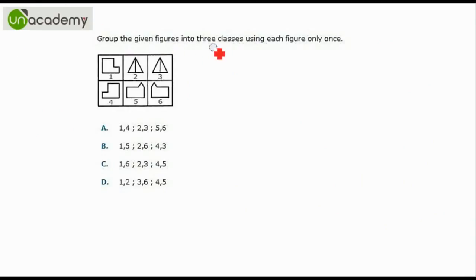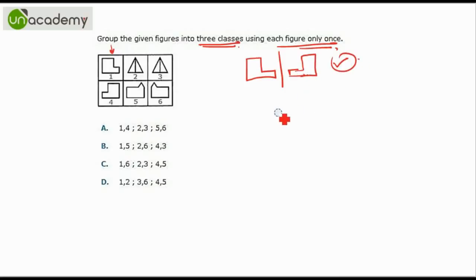We have to group the figure into 3 groups using each figure only once. So if we see column 1, we see that they seem to be mirror images of each other. This is a mirror image.